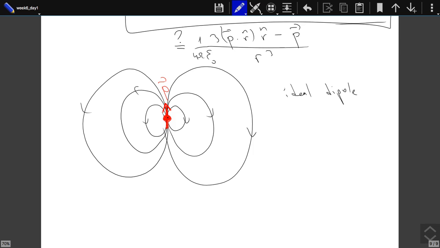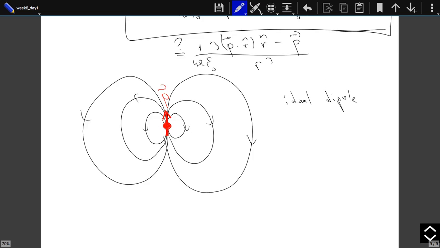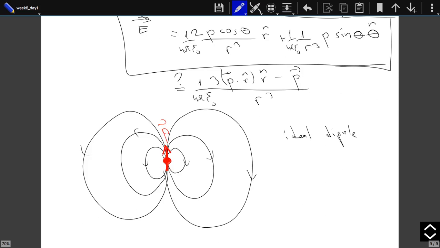So for example, imagine any Gauss surface that contains this point, the electric flux will be 0. As it should, because the total charge of the dipole is 0.